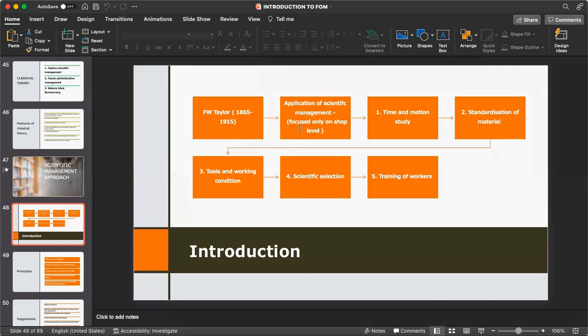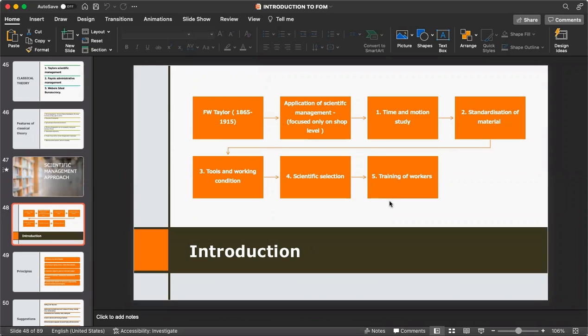For example, let us suppose we talk about chemical industries. Under chemical industries, there are different machineries required to process the material from raw material to final goods, and there are multiple machineries involved in that. These multiple machineries require multiple outputs for the same.